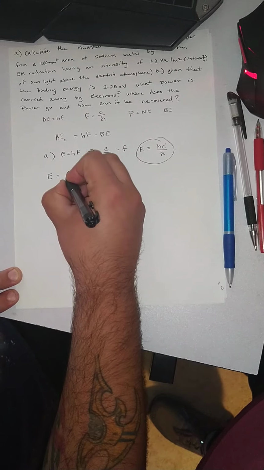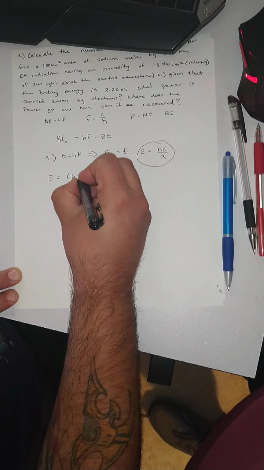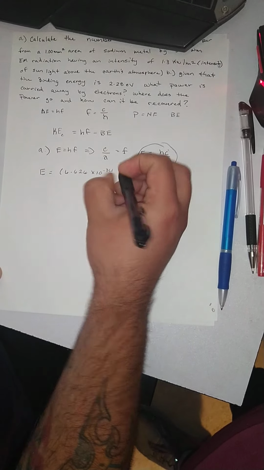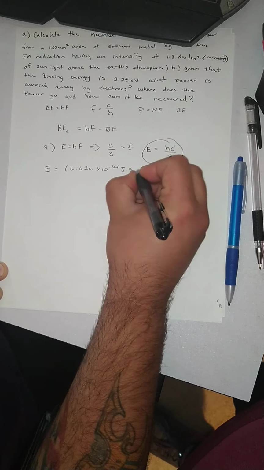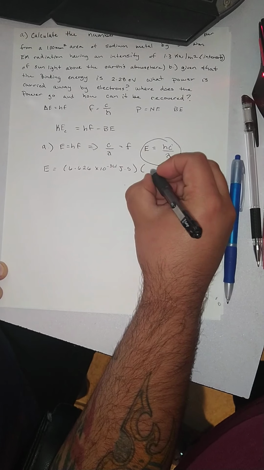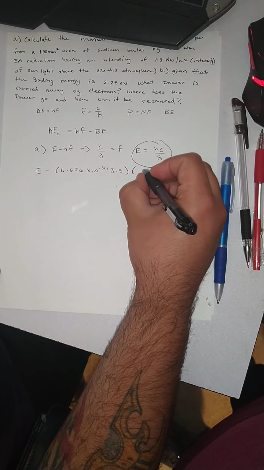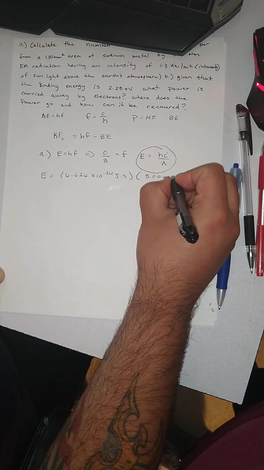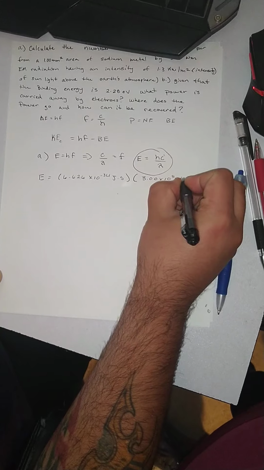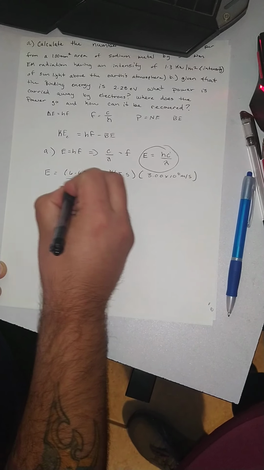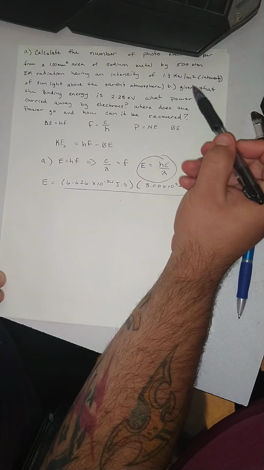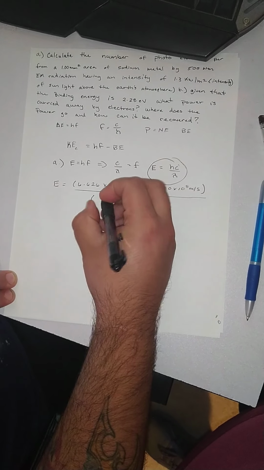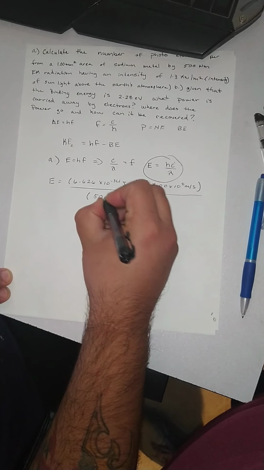We're going to plug in the value for Planck's constant, which you can get from a table or look up online, in joules times seconds, times the speed of light, which is 3.00 times 10 to the 8th meters per second. And then we're going to do all of that over the information we got for lambda in the problem, but we have to convert it a little bit or write it in scientific notation.